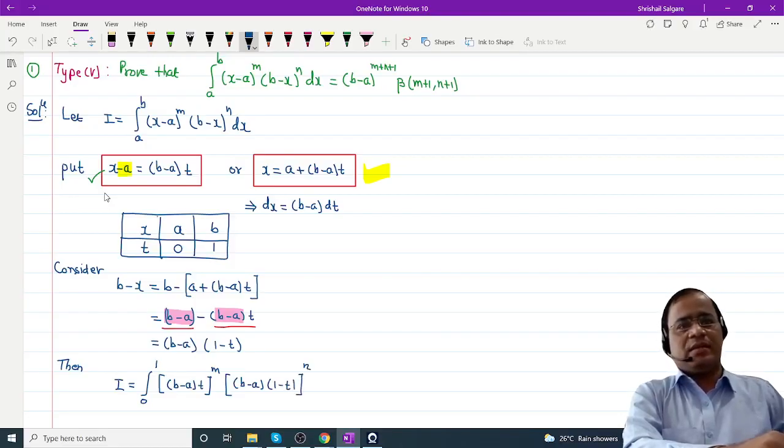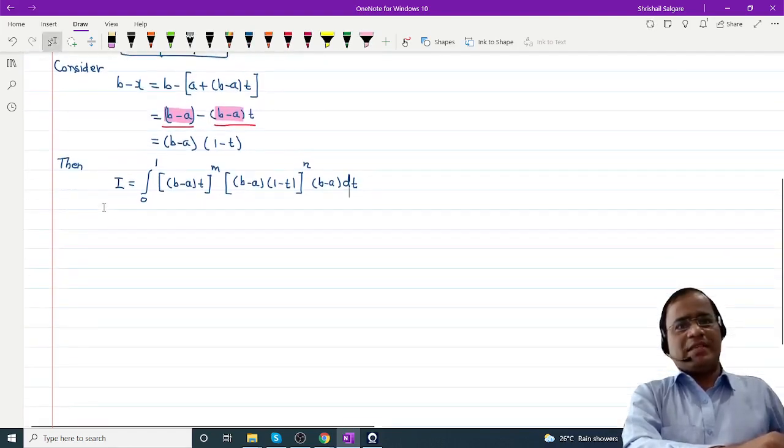And the value of dx we have calculated: b minus a into dt.